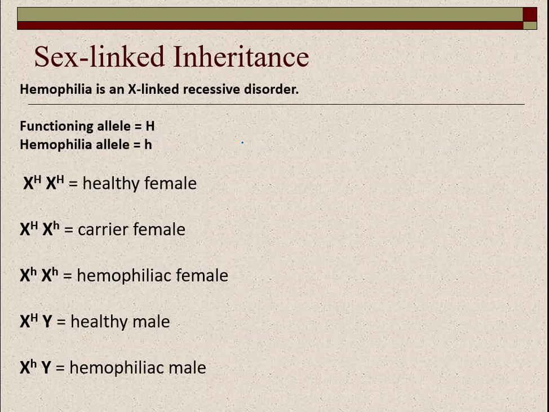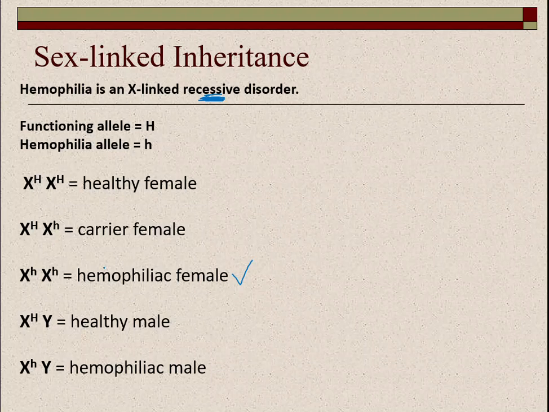So how would you represent a hemophiliac female? You would represent it this way, and they're telling you that the disorder is X-linked recessive. Remember, to show the recessive trait, you must have two copies of that recessive allele.